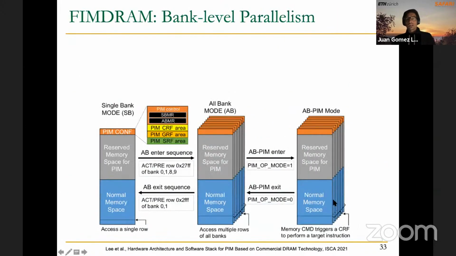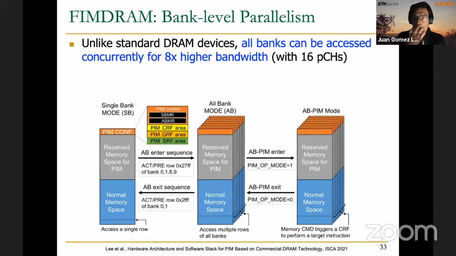And here in this slide, we see how FIMDRAM allows us to exploit bank-level parallelism. In the conventional standard DDR device, we only access one bank at a time, right? Here, the key idea, as I said in the beginning, is to be able to operate on multiple banks at the same time, because this way we can exploit much higher bandwidth.